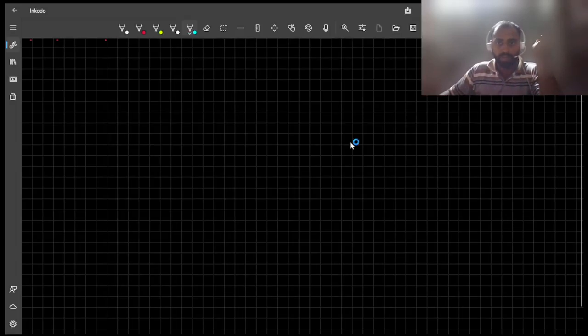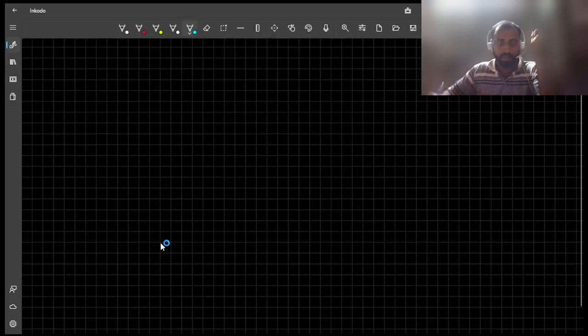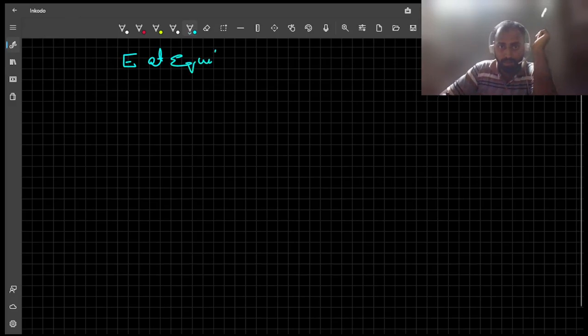Then next we have to find what is the electric field due to this dipole in the equatorial plane. Next is E at the equatorial plane.